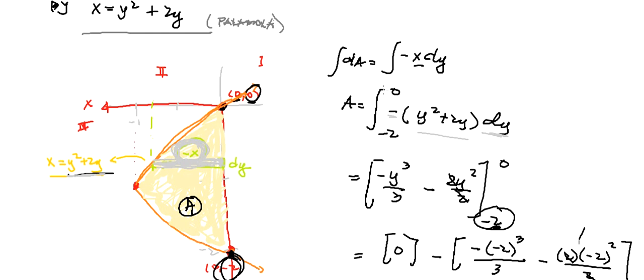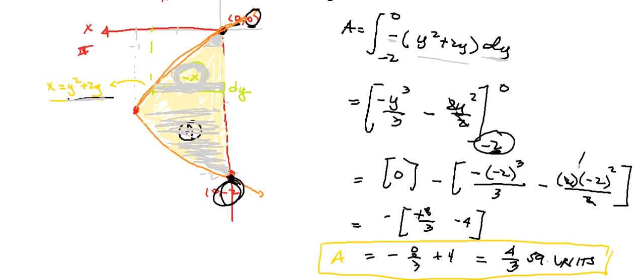Then we sum all the strips from negative 2 to 0, to take the totality of the area of the strips. After that, we perform the integration and come up with our answer, which is equal to 4 over 3 square units.